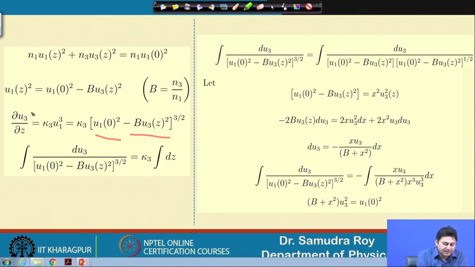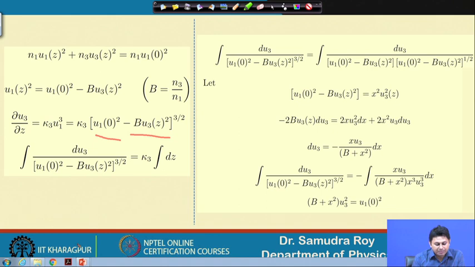Now, you can see that in this equation we have u3 on the left hand side and on the right hand side also. So, we can do this integration, and if we write the integral form, it will be d u3 divided by this quantity.